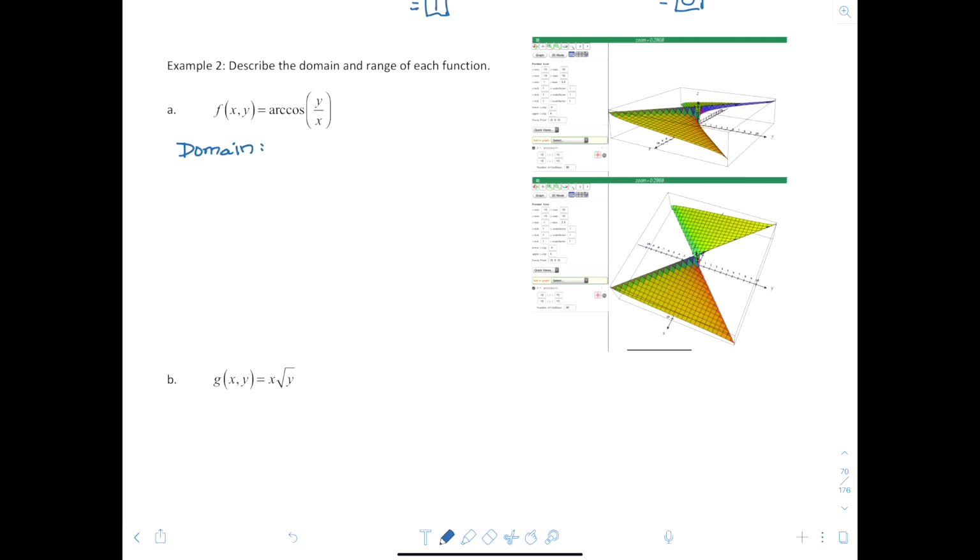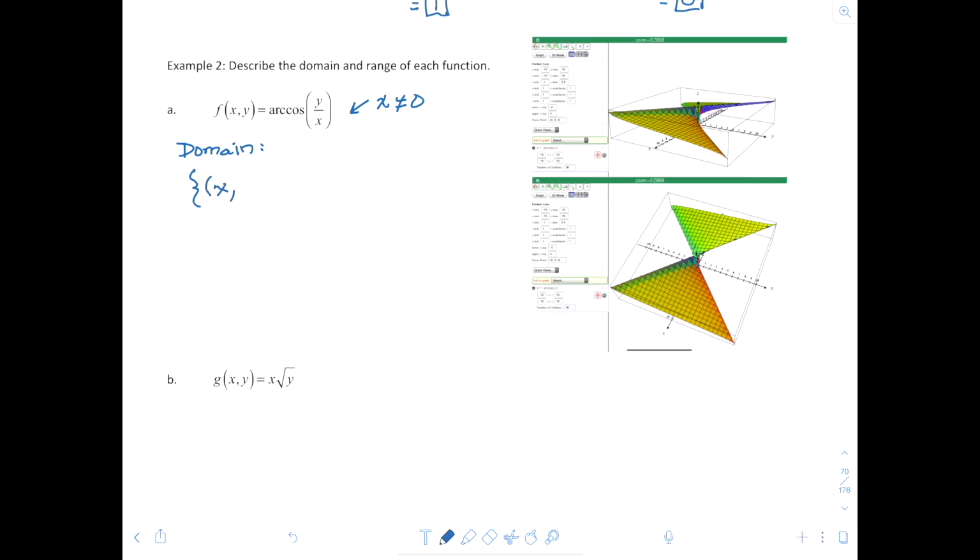And so what does that mean? That means that we would have a couple things going on. The implication here is what? X can't be equal to 0 either, right? Y could be equal to 0, but not X. So we've got a couple of conditions here.